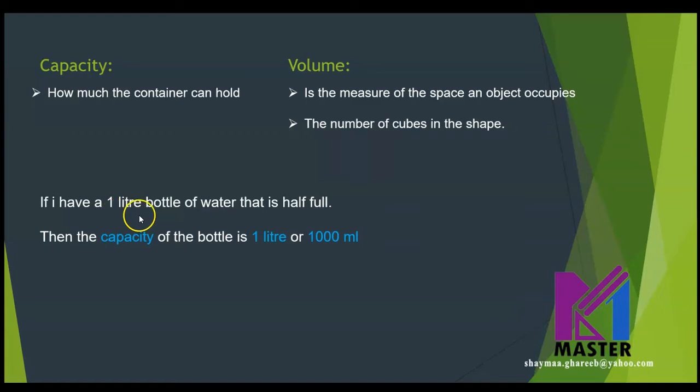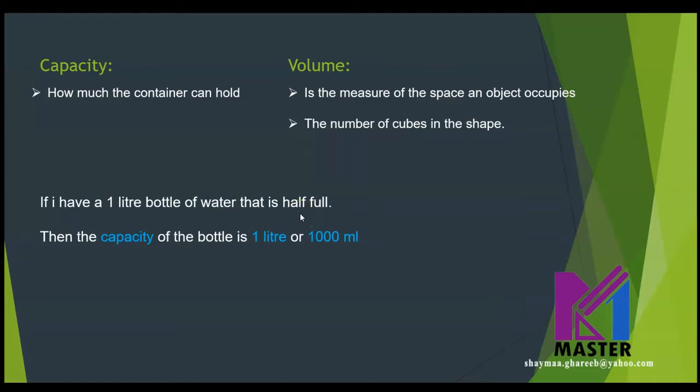If I have a 1 liter bottle of water that is half full, what does this mean? That I have a bottle that can hold 1 liter, so this is the capacity of the bottle, but the water inside this bottle is half full, which is half liter.